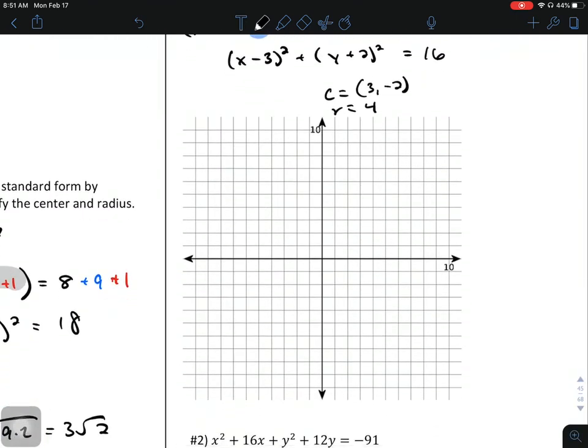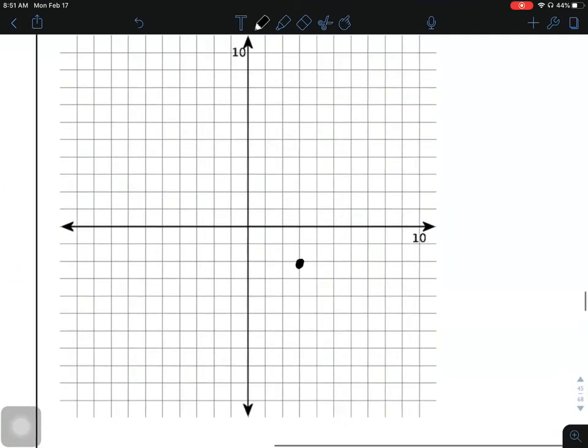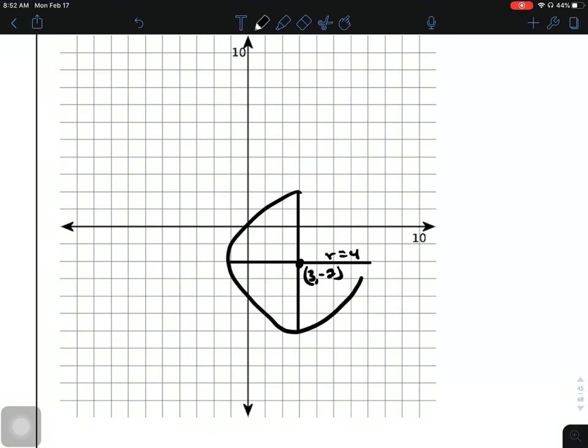Finding the center, we go from the origin and we go to the right 3 and down 2. That puts us right here. Radius is 4. Let me label this. So if we go to the right 4, and if we go up 4, and we go left 4, and we go down 4, essentially you're going 4 in every dimension, two-dimensionally.